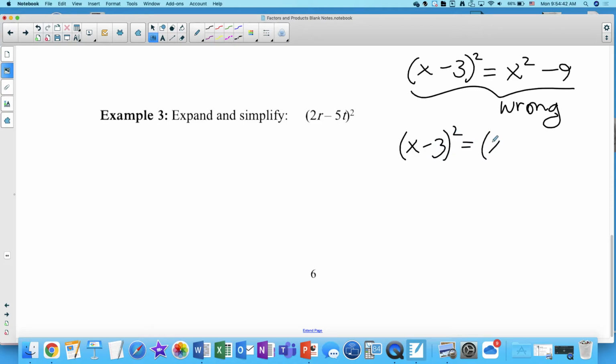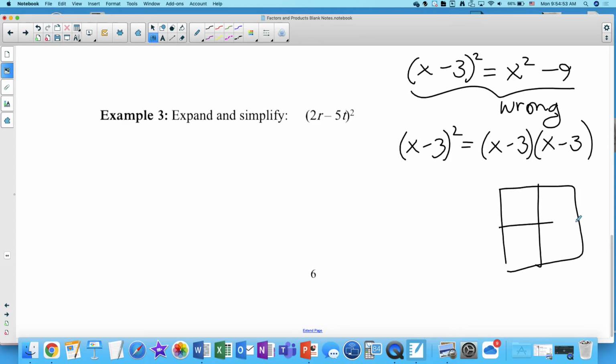So in a 2 by 2 box, x squared minus 3x minus another 3x, and then negative 3 times negative 3 is plus 9. Okay, so this is actually x squared minus 6x plus 9. Really common mistake. Okay, but just remember the square applies to the bracket.